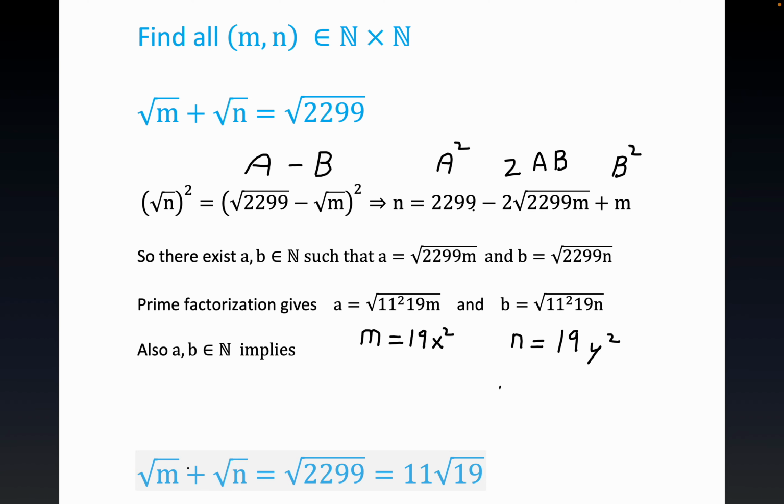Notice what will happen right here. If you substitute m equals 19x squared right here, you actually get root 19 times x right here, and also root 19 times y.